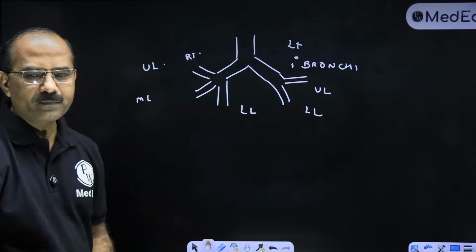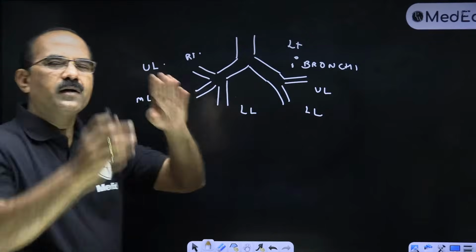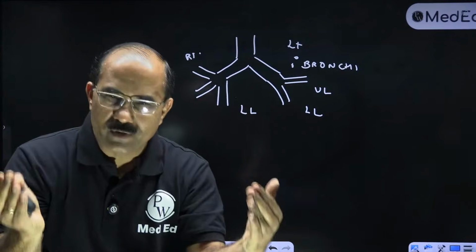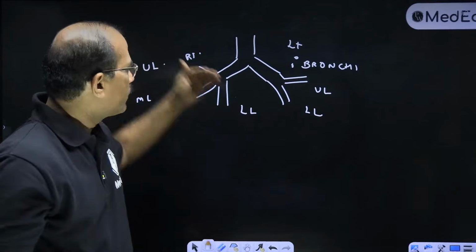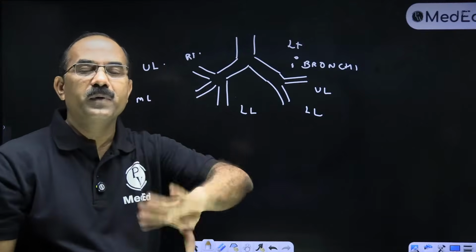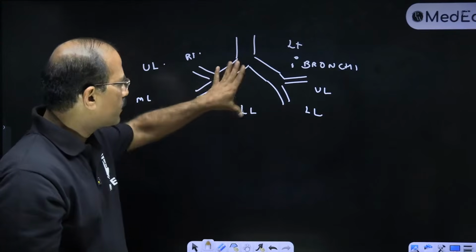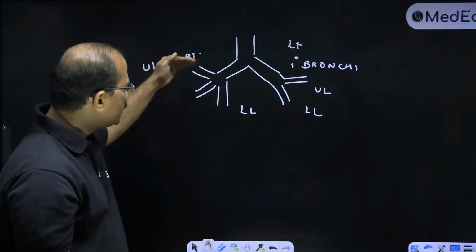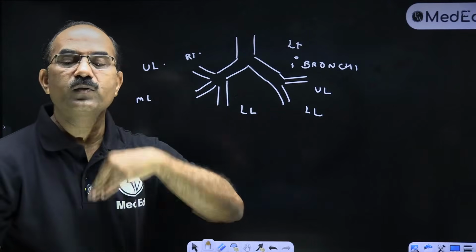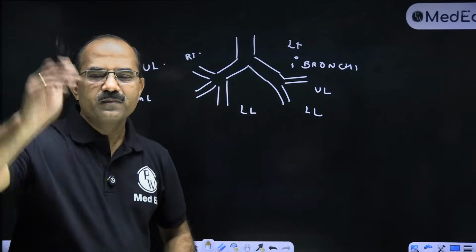So right gives 3 secondary bronchi, left gives 2. Now each secondary bronchus divides into tertiary bronchi.